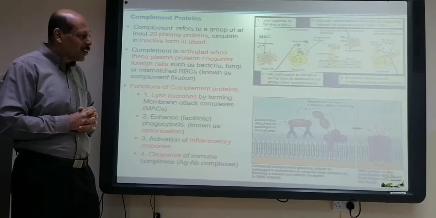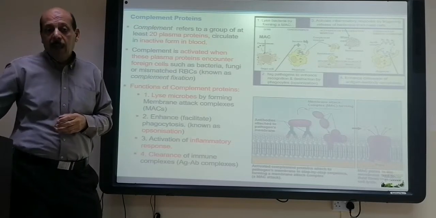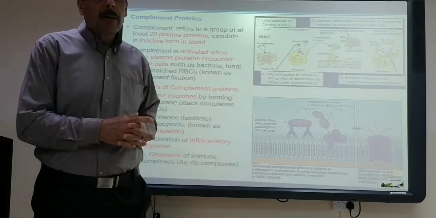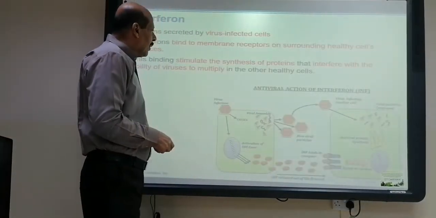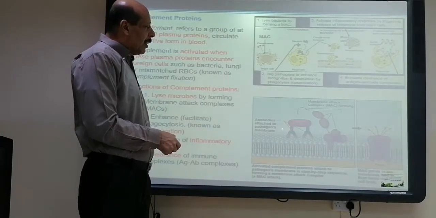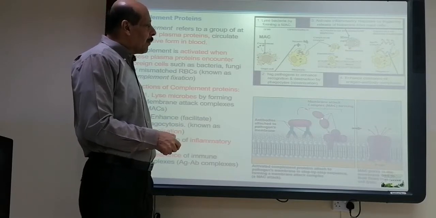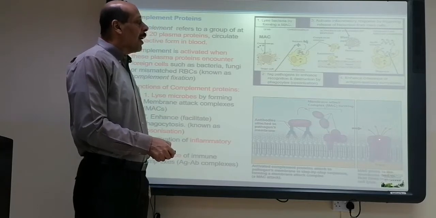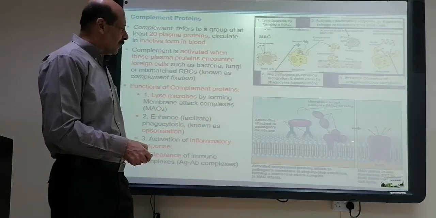So they will attach to the membrane of the cell of that antigen, and they will form what we call the MAC. Then they will lead to lysis of the microbes or the antigen.